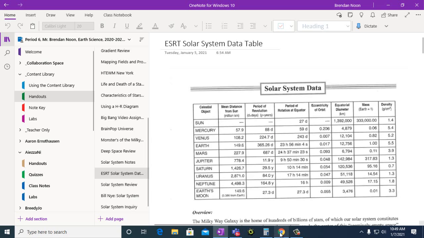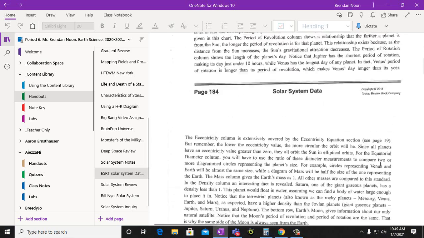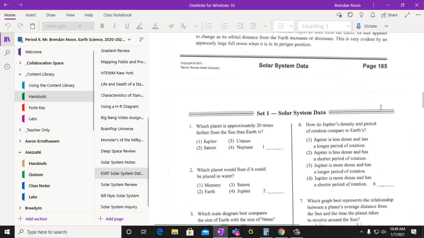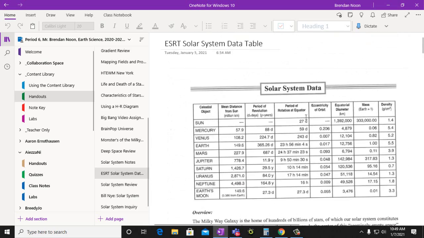Wait, what do we got here? Let's see what that question is again. Which planet takes more time to complete one rotation on its axis than to complete one revolution around the sun? All right, so it takes more time to do one rotation.